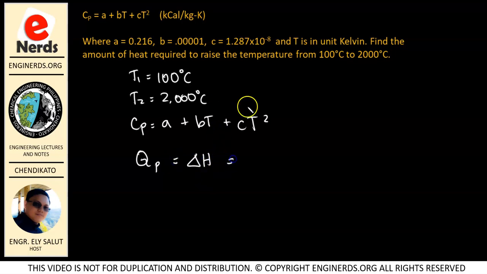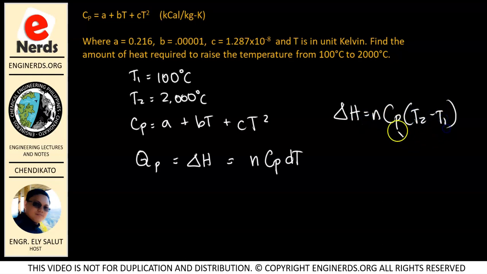And this is equal to the integral of nCp dT. Well, the reason why we have the equation delta H is equal to nCp(T2 minus T1) is because if you take the integral of this one, and our Cp is constant, so this will just be equal to nCp(T2 minus T1), if this is from T1 to T2.